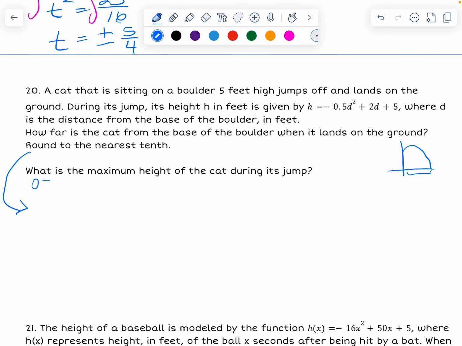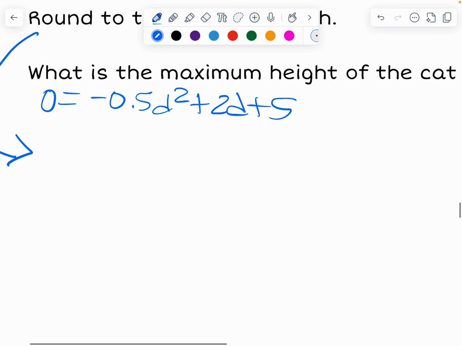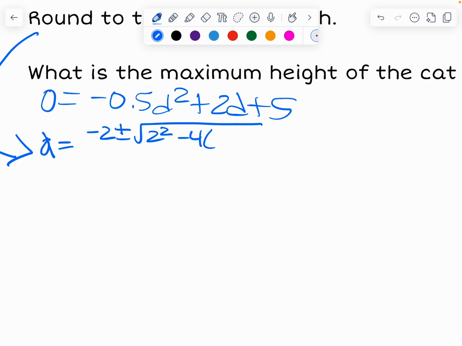So 0 equals negative 0.5d squared plus 2d plus 5. Make it bigger. So instead of x equals, it's d equals negative 2 plus or minus the square root of 2 squared minus 4ac, over 2a.